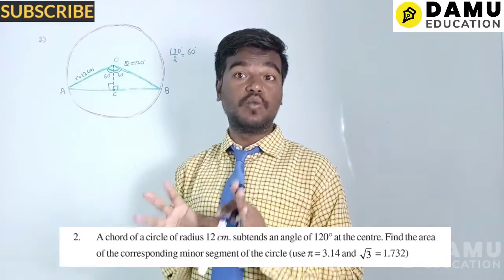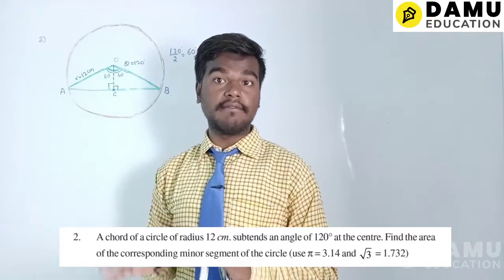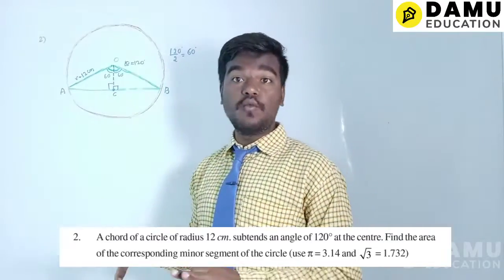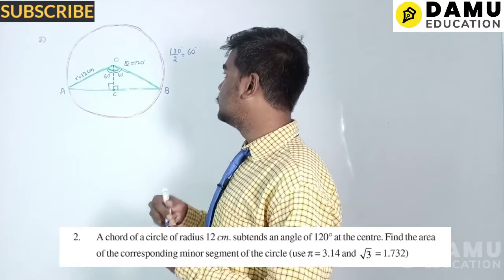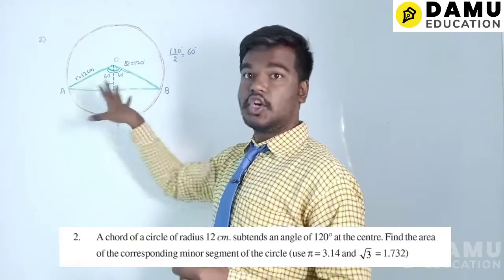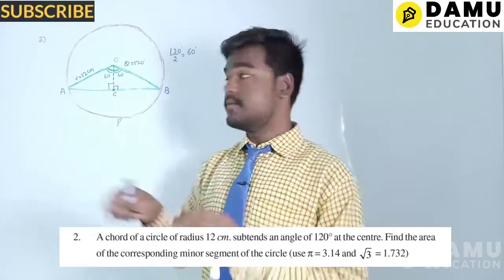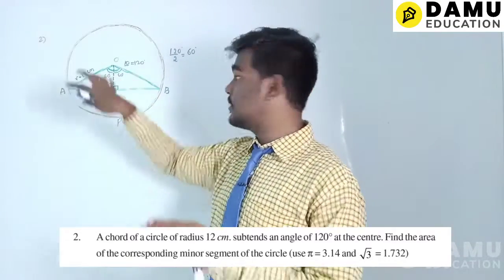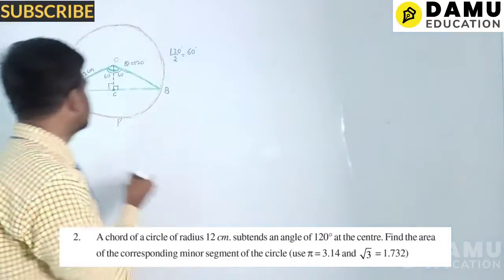In order to find the area of the minor segment, first of all we have to find the area of the triangle and the area of the sector. Let's consider any one point, let's take P. If you find the area of the sector and the area of the triangle, and from the area of the total sector subtract the area of this triangle, then we will get the required minor segment.